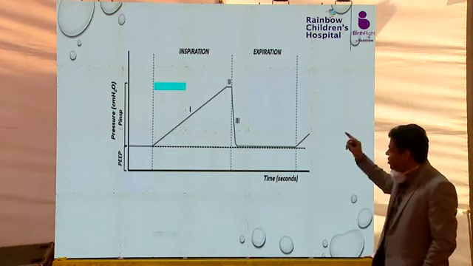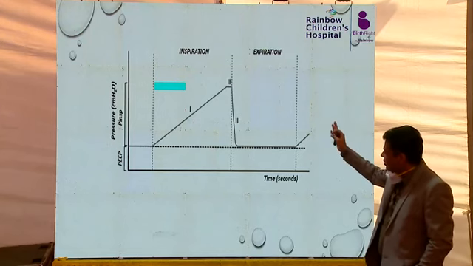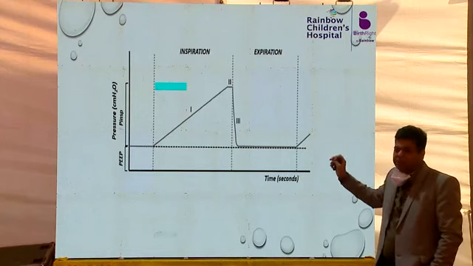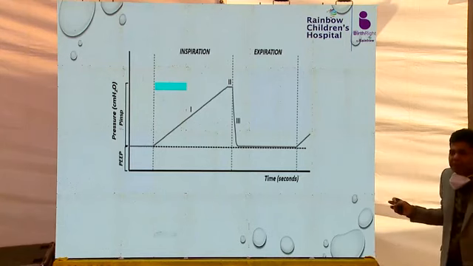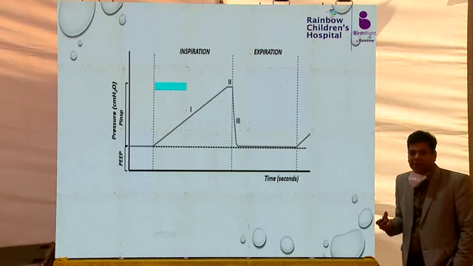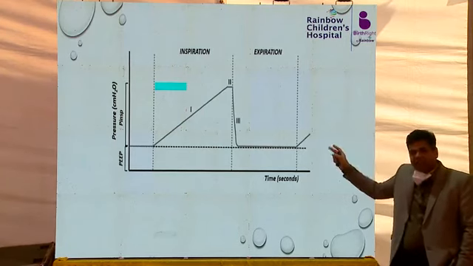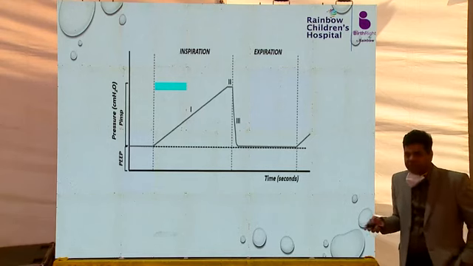See the PIP. Right, you don't want that. You want the alveoli to get recruited. So if the PIP is achieved too quickly, then all the alveoli will not get recruited. Okay.